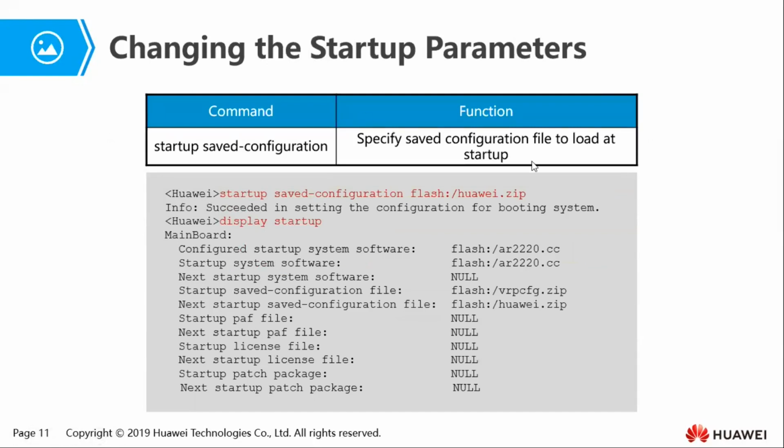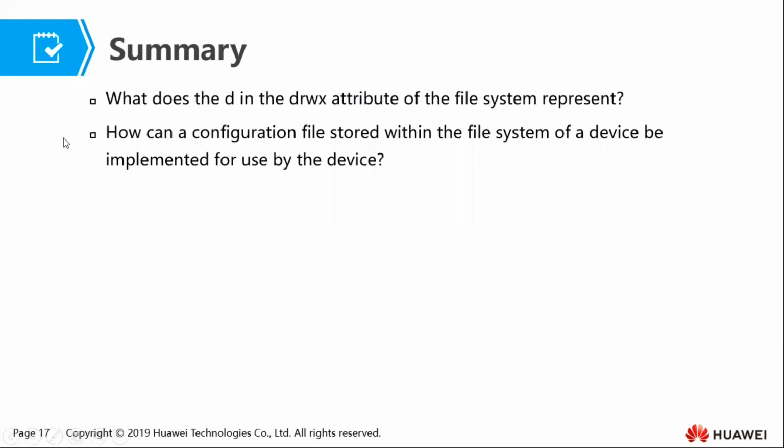Can I give it a try? Yes. Hello, go ahead. We can hear you. Can you go back to the question? Then I can see it. Okay. How can a configuration stored within the file system of a device be implemented for use by the device?